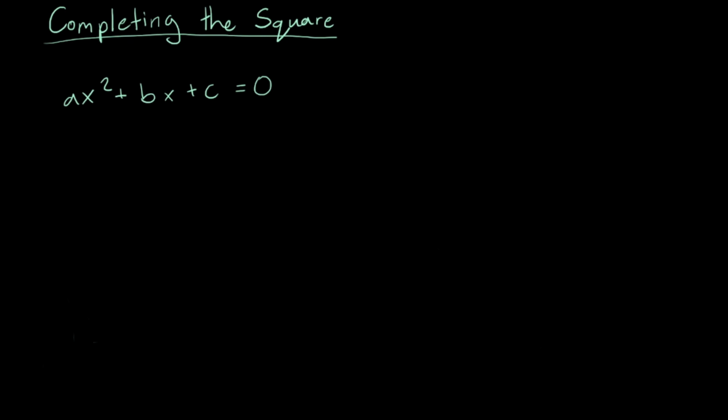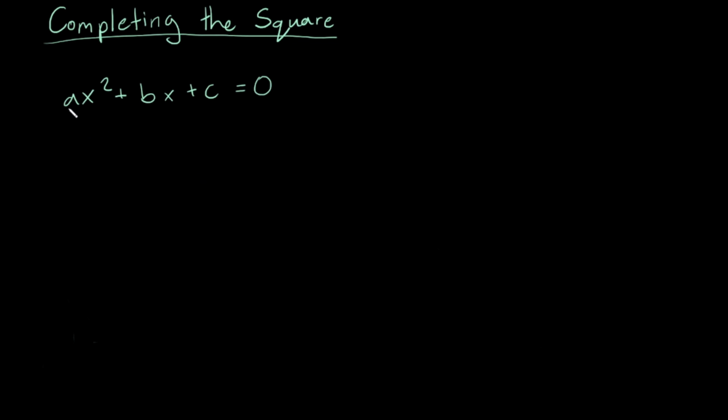So right here we have a standard equation for a quadratic equation, and the quadratic formula is basically a way that tells you what the value of x can be depending on your values of a, b, and c. So we'll just derive it like a complete the square equation, but we'll just think of everything as variables.